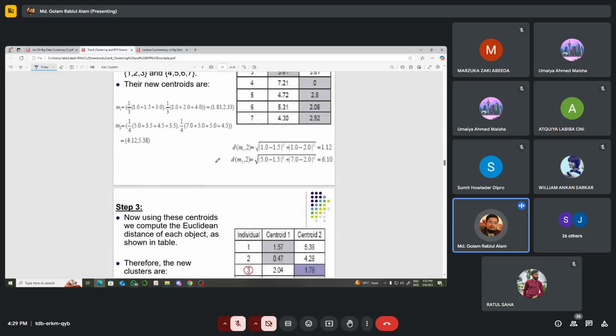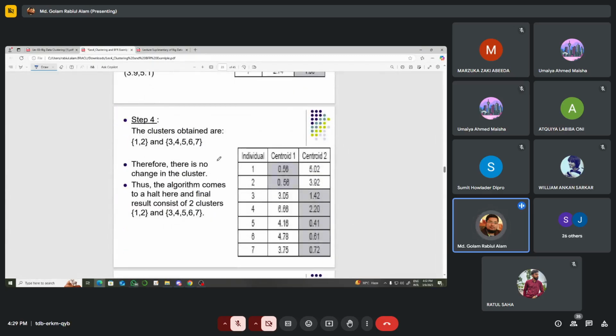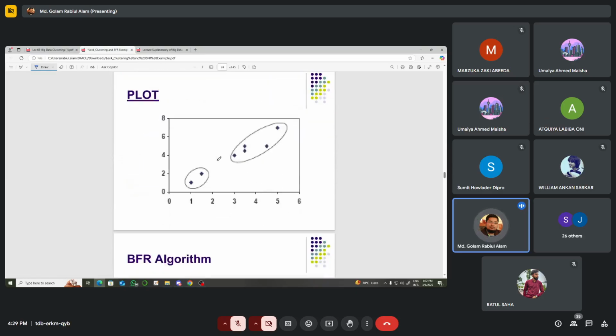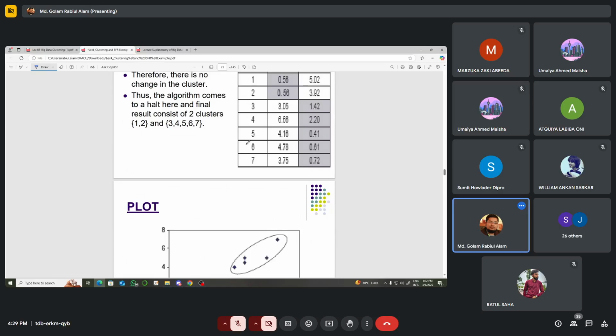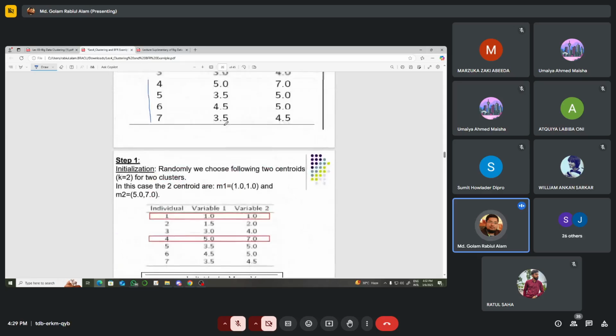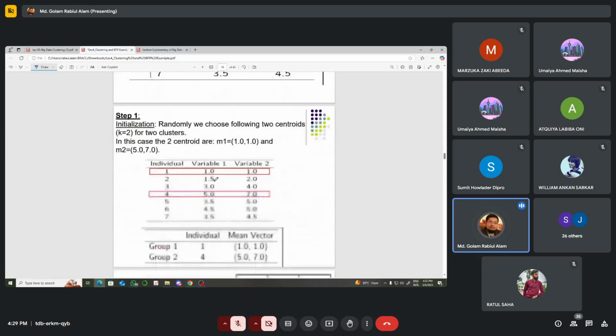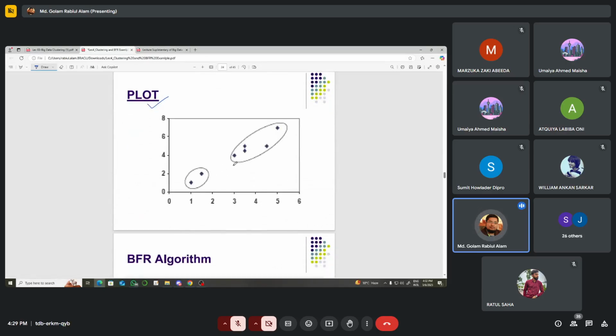I don't want to review this part because we have already discussed it in our previous lecture, so I assume you understand it. Finally, from this data set, we got these 2 clusters, and I assume you understand up to this point.